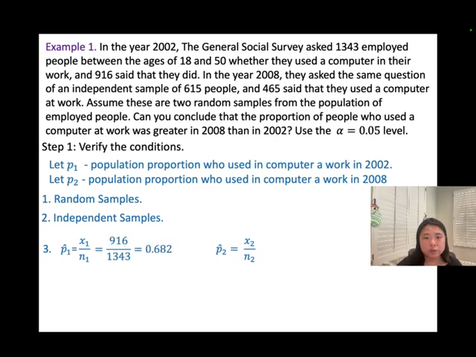Okay, check your work. 916 divided by the sample size 1,343, you should get 0.682. And p hat 2, you should get 0.756. Now we're going to check, do we have at least 10 successes and 10 failures? Try plugging it in.